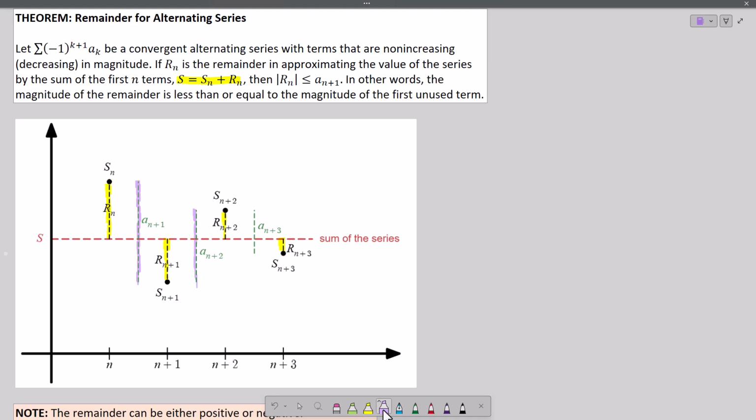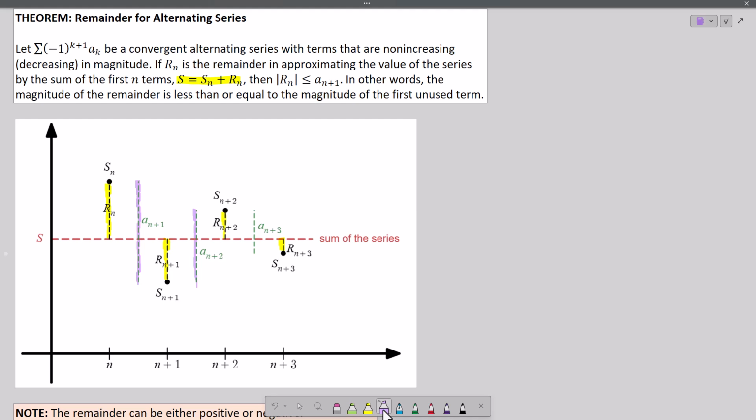So what we can say is that the magnitude of the next term gives us an estimation for the remainder. Right here, there's the remainder for S sub n plus 2. Here's the next term. That's bigger than that, distance-wise, just think distances. So we can use this as an estimate for the remainder.